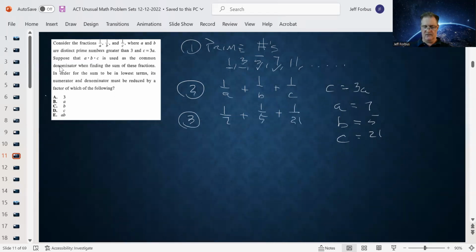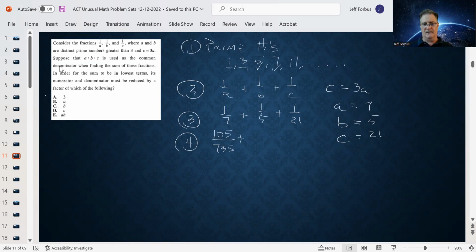We're adding, and in this case, we need to get a common denominator, right? The common denominator between these three numbers will be 735. To get 1 over 7 with a denominator of 735, we need to multiply 1 over 7 by 105. So we get 105 over, well, 105 times 7 is 735.